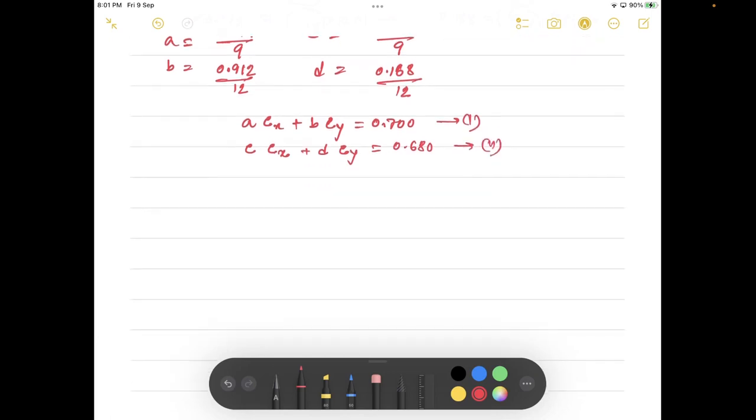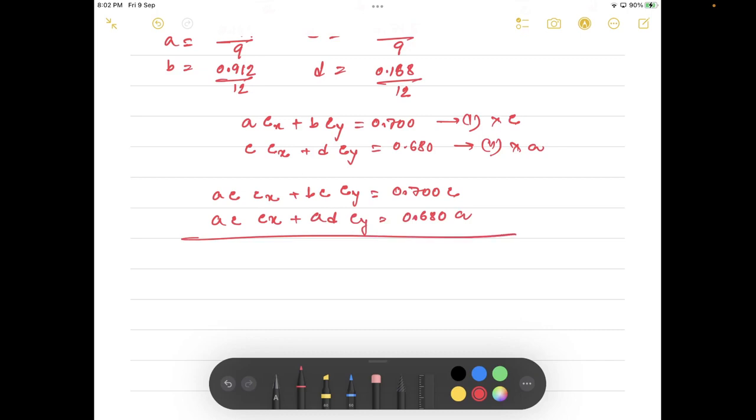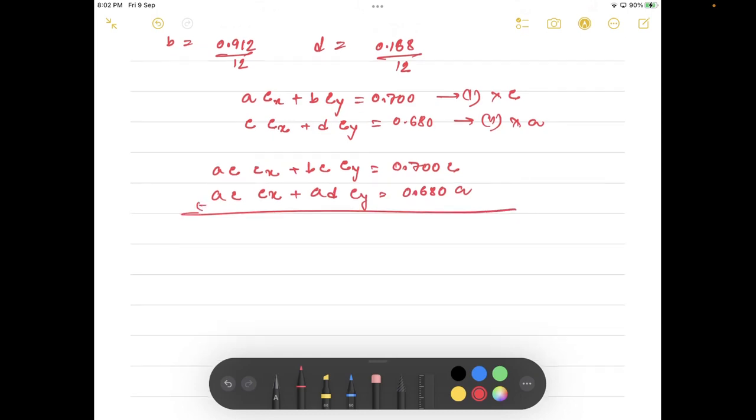We multiply equation 1 by C and equation 2 by A: A C Cx plus B C Cy equal to 0.700 C, then A C Cx plus A D Cy equal to 0.680 times A. We subtract these two equations, so the Cx terms cancel, and we get Cy times (BC minus AD) equal to 0.700 C minus 0.680 A, right?